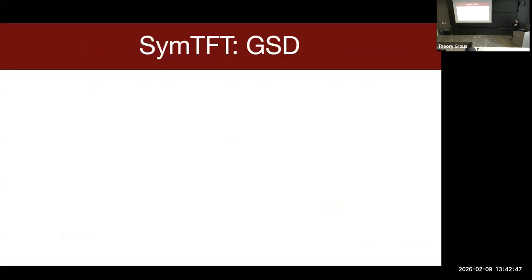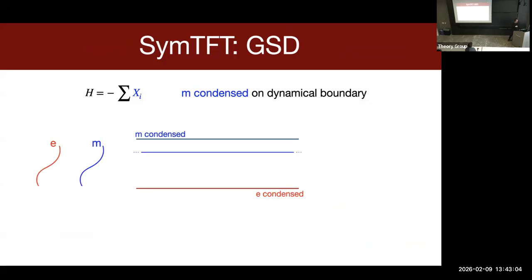So let's just see how this thickening, the sandwich, captures the universal data that we're looking for. So in the simplest Hamiltonian, which respects this Z2 symmetry, I claim that this is the same as having M condensed on the dynamical boundary.